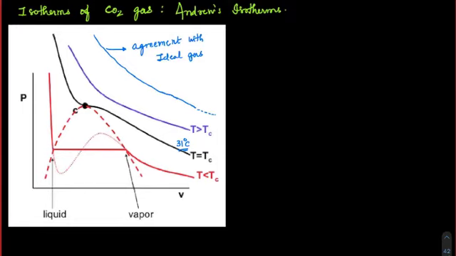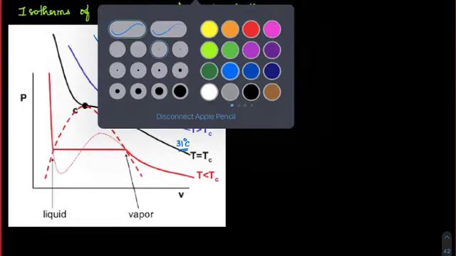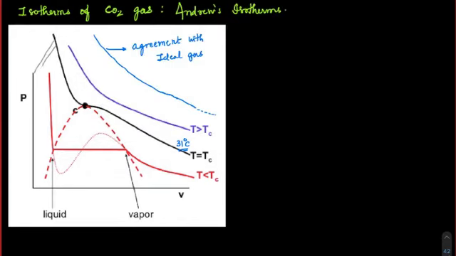So from here, I can point out one thing, that this entire zone is all liquid zone only, because from here everything has converted into liquid.